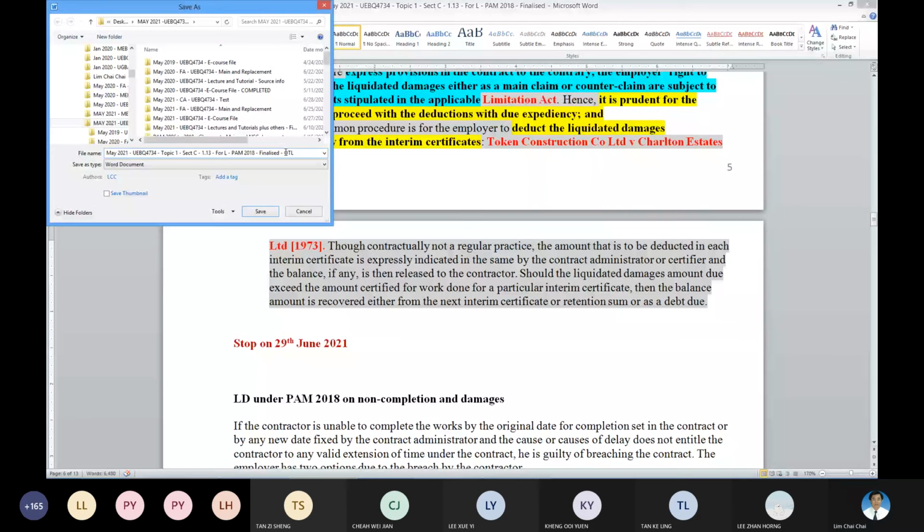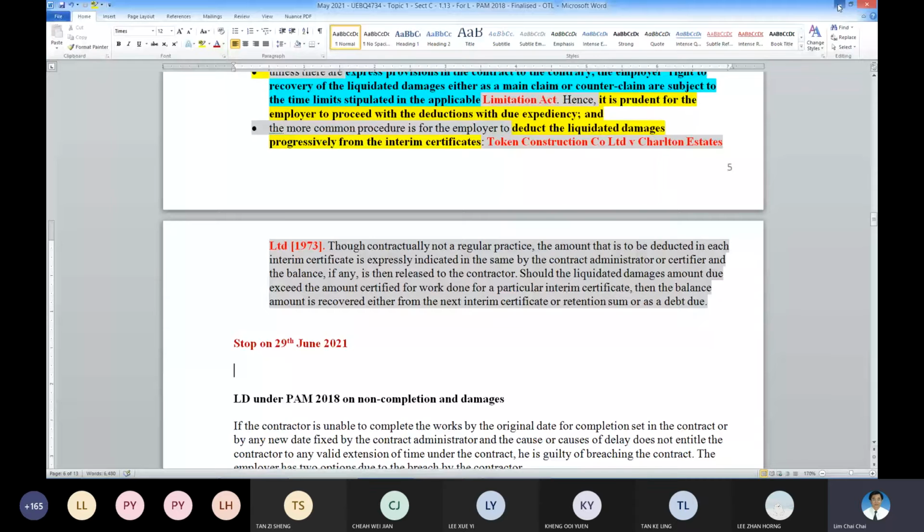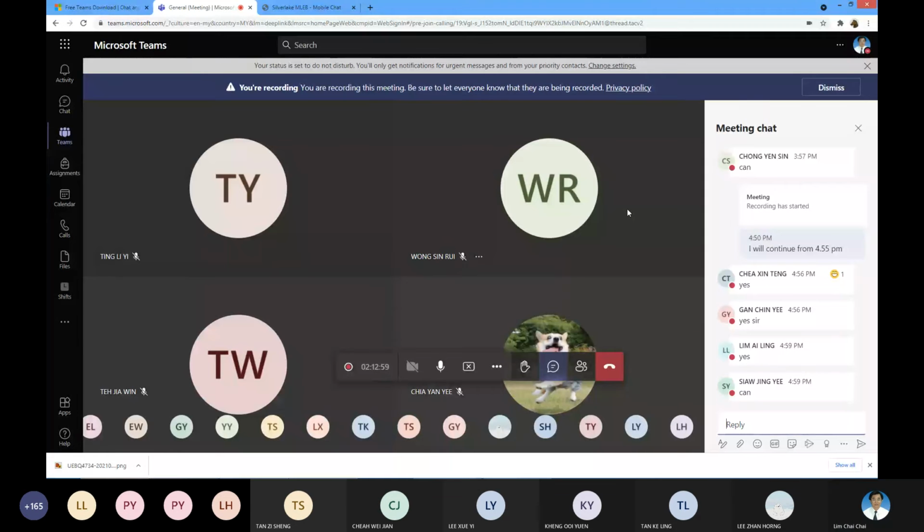So now, I intend to give you your test on this so-called 17th of July. Your test, 17th of July, Saturday. Can you mark your calendar to make sure you attend the test?